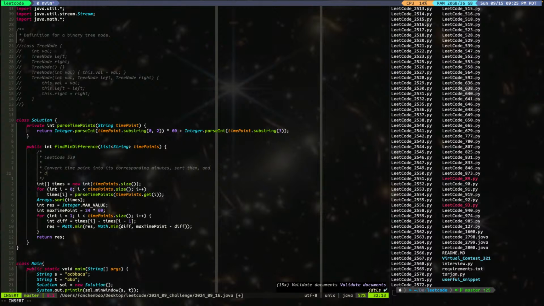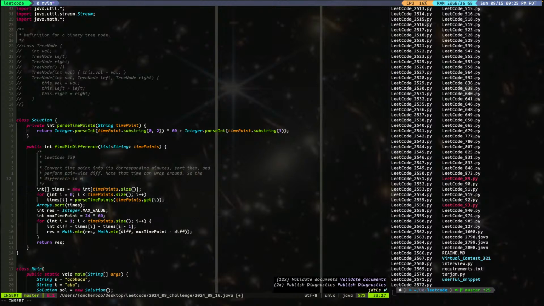Sort them and perform pairwise diff. Note that time can wrap around. So the difference in minutes can either go T0 to T1 or T1 to T0 with wraparound.